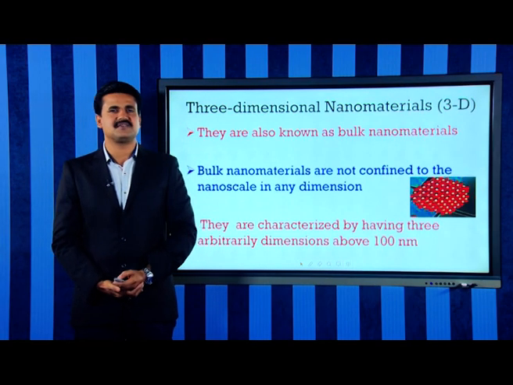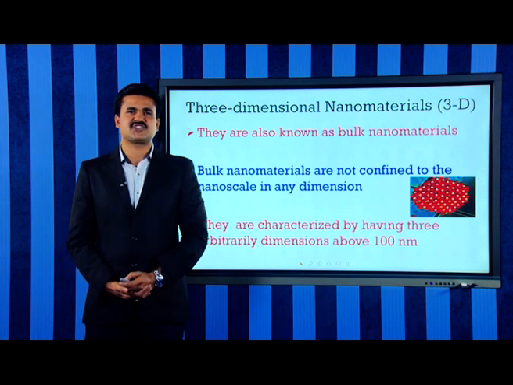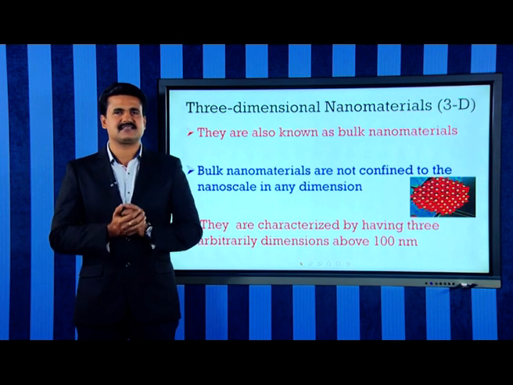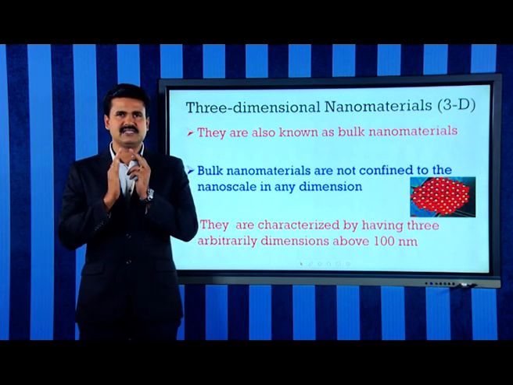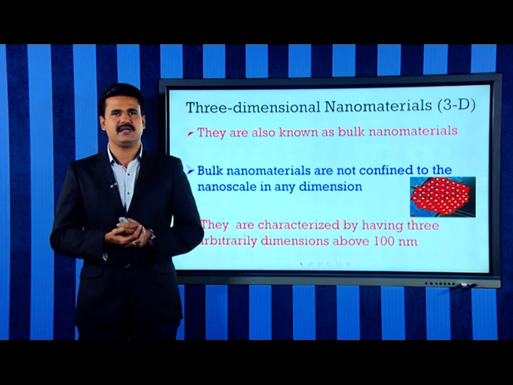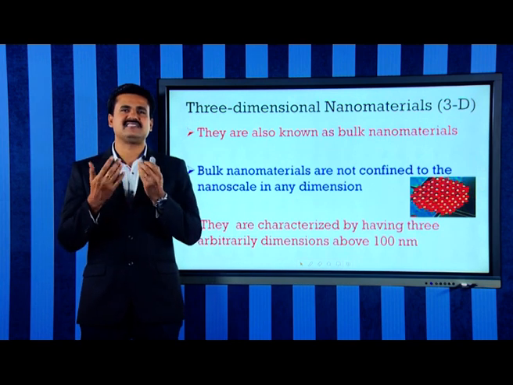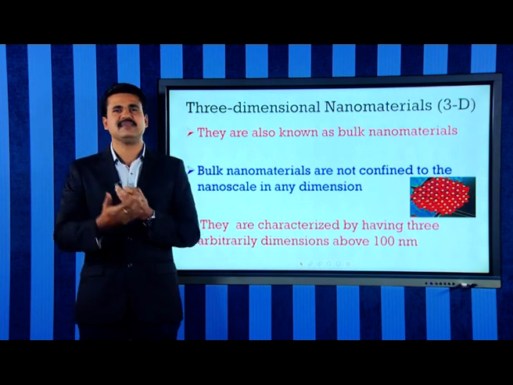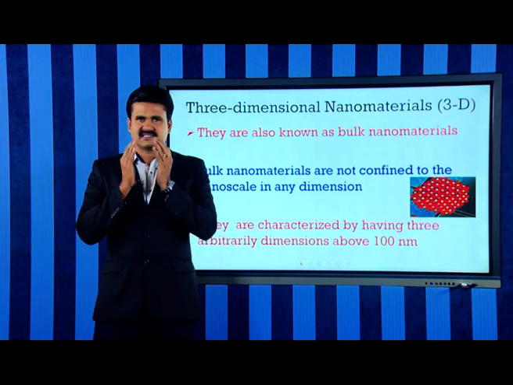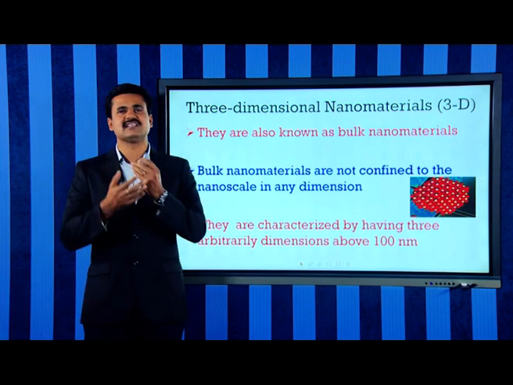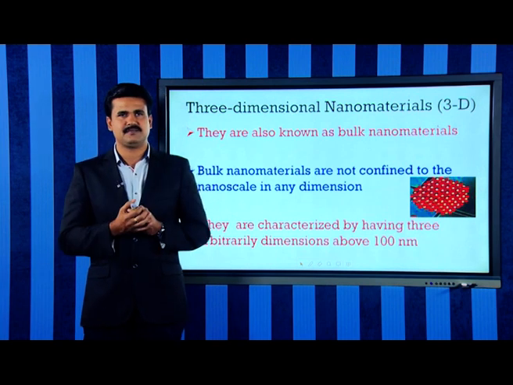The last classification, three-dimensional nanomaterials. As the name represents, here all the three dimensions are outside nano regime. Then how will a material be in this category of nanomaterial? Simply consider some nanoparticles and imagine the situation where they assemble together.